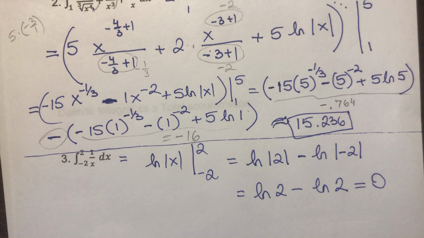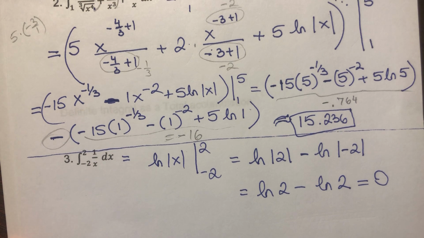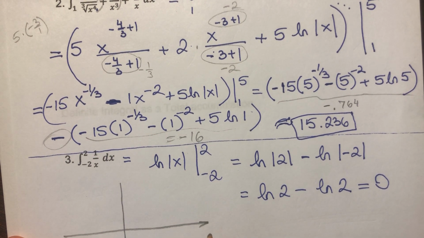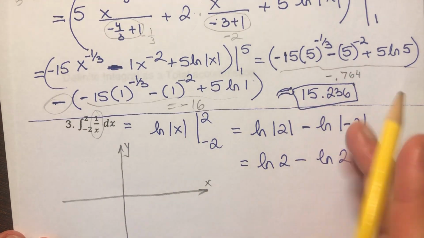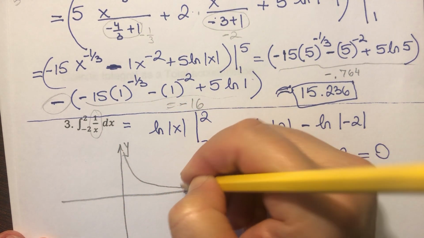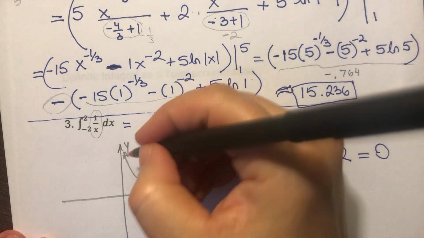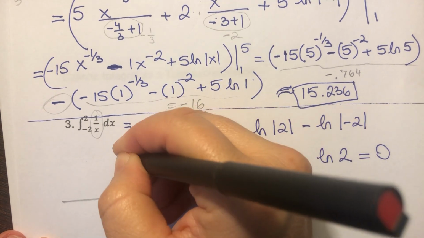So I do want to show you why that comes up to be a 0. You might remember what the graph of 1 over x looks like. 1 over x is the reciprocal function. And the 1 over x very much looks like this. Here, I'll draw it in red. Make sure that it's quite even.